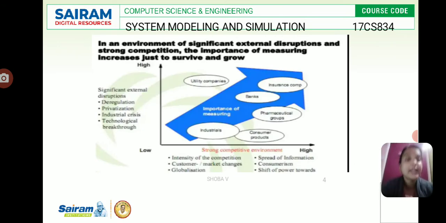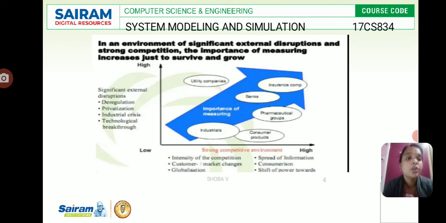Here we can see the most important external disruptions and strong competition. The importance of measuring increases just to survive and grow. Here we have some significant external disruptions, that is deregulation and privatization, industrial crisis and technological breakthroughs.